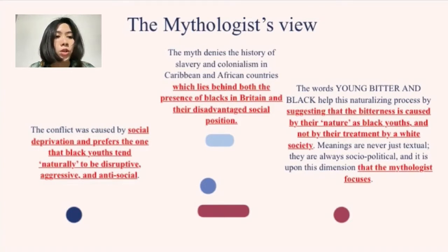Third, the words young, bitter, and black help this naturalizing process by suggesting that the bitterness is caused by their nature as black youth and not by their treatment by a white society. Meanings are never just textual, they are always socio-political, and it is upon these dimensions that the mythologist focuses.